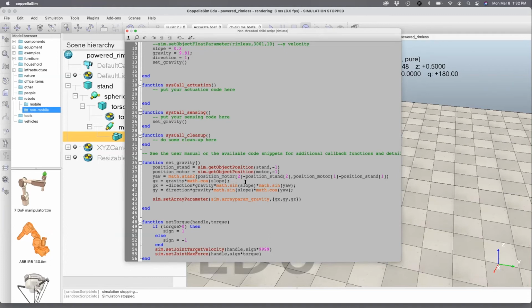Tx, motor minus stand. Math.slope. We check these formulas. Should there be a cosine for gy? No, this is right. The sine slope is right. Okay, right, the mistake is here. Gravity should be negative. Okay, I think this will take care of it.